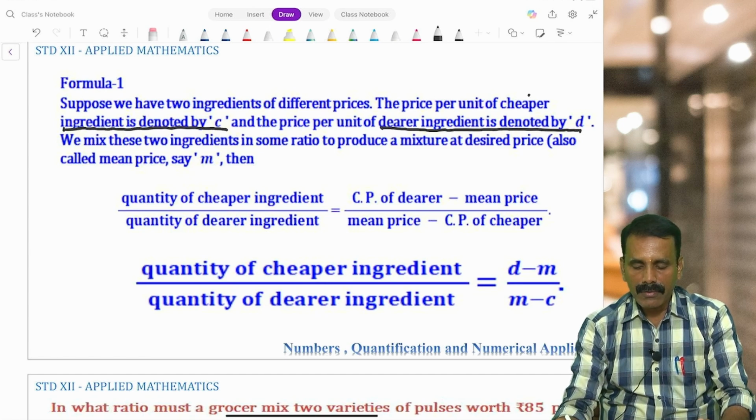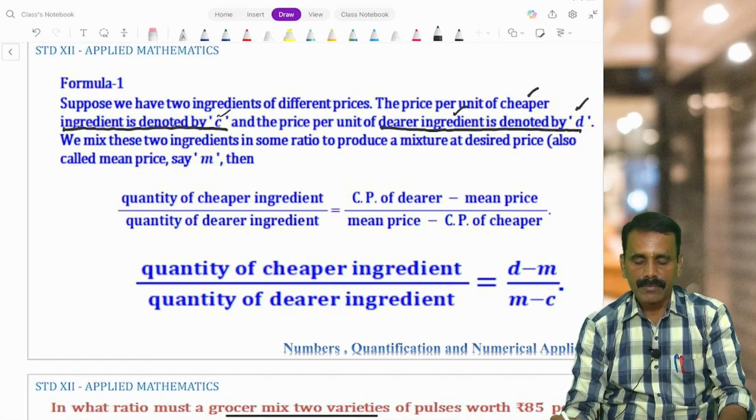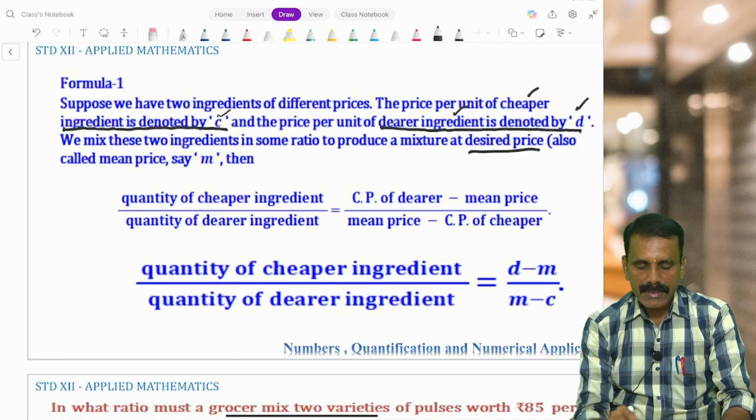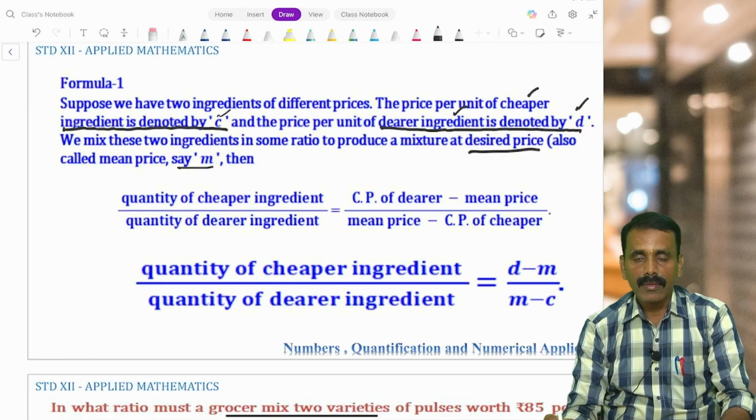The cheaper product with price C and the dearer product with price D are mixed to get a mixture whose desired price is M.